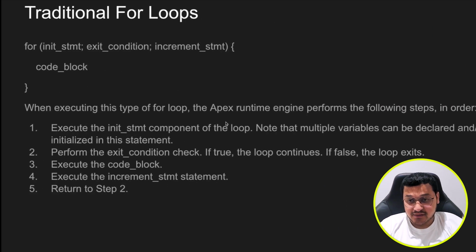Let's look at what we were trying to understand from this screen. As you can see on the presentation, I've also mentioned that it needs an initial statement, an exit condition, and an increment statement. And then you need to write a code block.